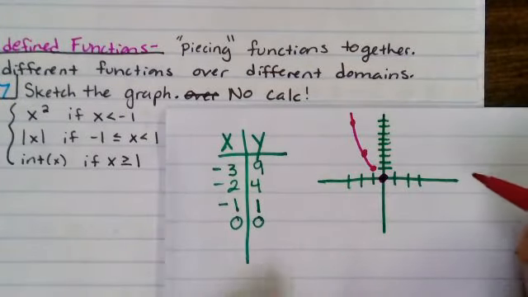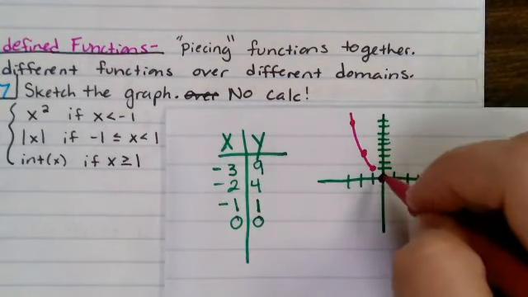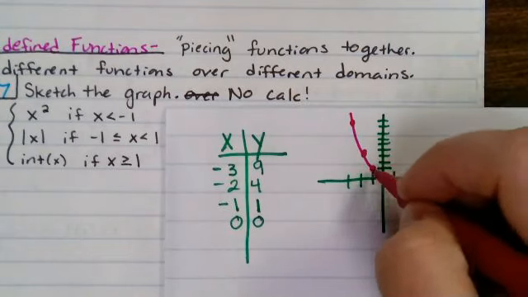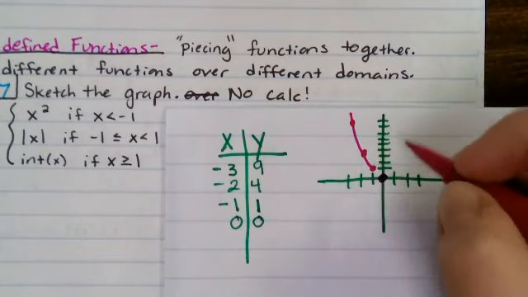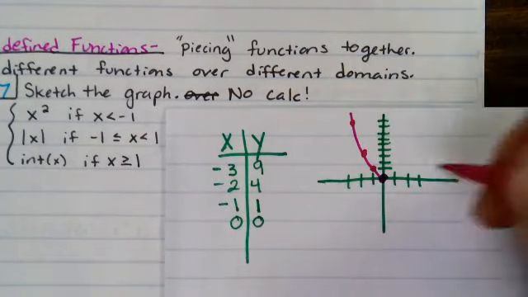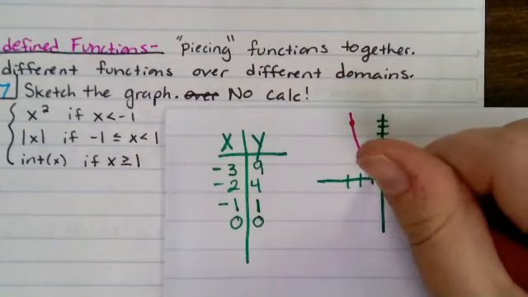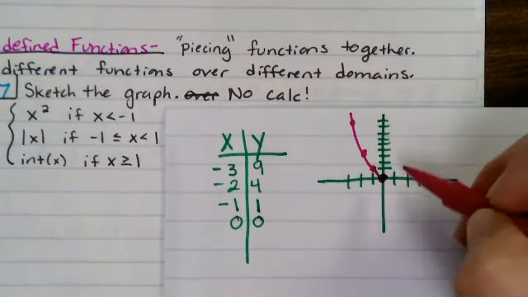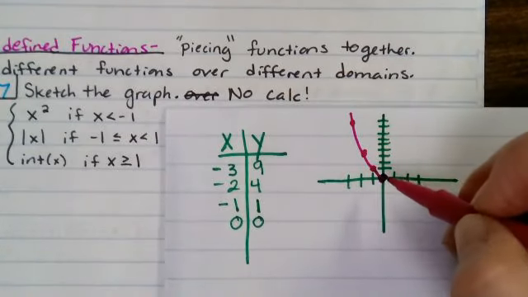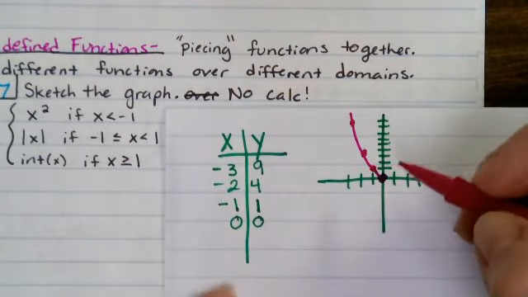But you need to remember what the shape of absolute value is. Otherwise, you have to plug in more stuff. Absolute value should make a V shape, so it should be kind of a sharp little V. It shouldn't be curved down here. So if your graph is looking bigger than mine, you've got to make sure you're being very careful. This is going to be a sharp point, not a curve at the bottom.